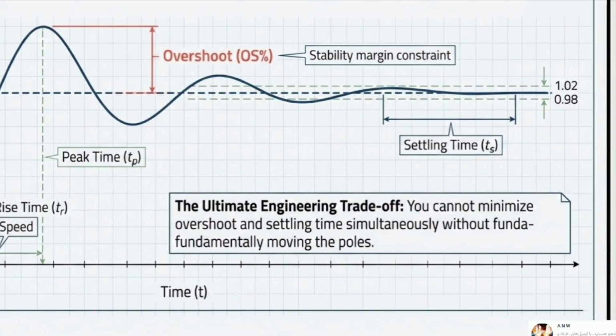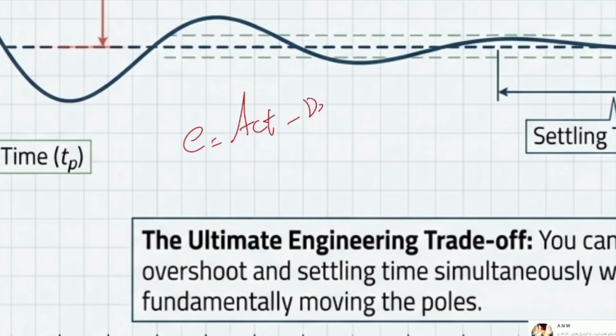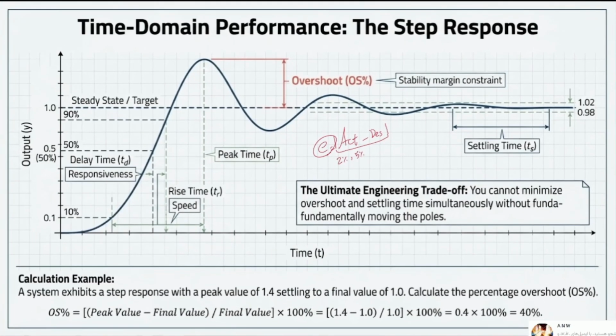It means that the error, which as we all know is the difference between the actual value and some kind of desired value, you can put it into an absolute value, because at this point we don't care about positive and negative, we just care about the error itself. So if your error reaches 2 to 5% of the final value that you need, it means that you are at the settling time, or that you can say that it's settled.